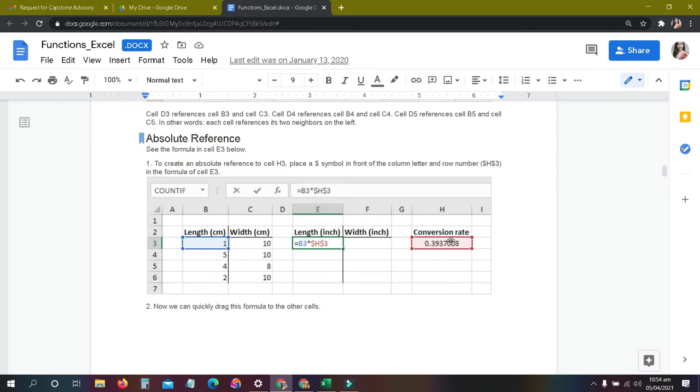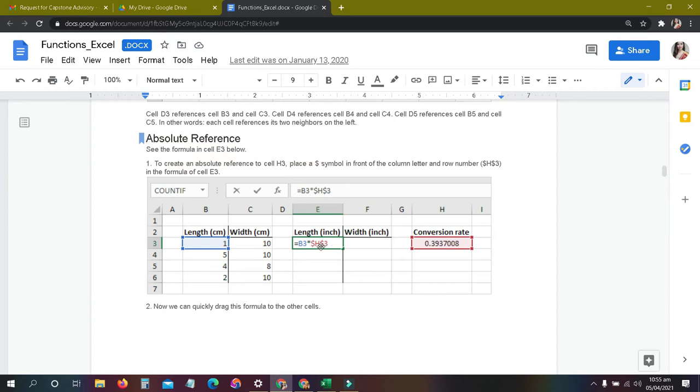Because of this conversion, the length was converted from centimeter to inch. To convert that, you need to multiply the centimeter column by this conversion rate. That's why they use B3, a cell in this column, times this one. If you apply this formula to the rest of the cells so you can get the converted length from centimeter to inch, you need to use an absolute reference to this one.